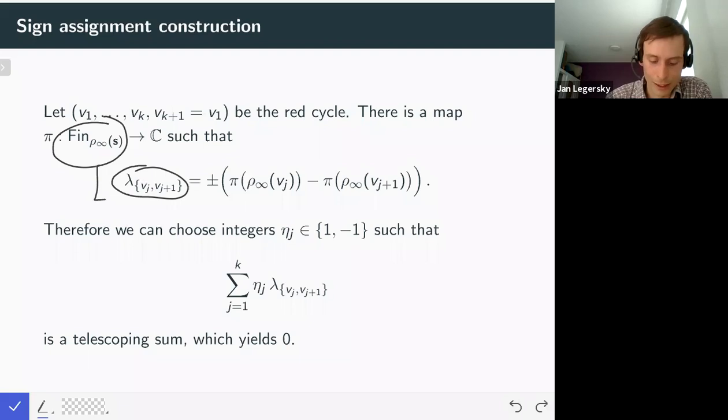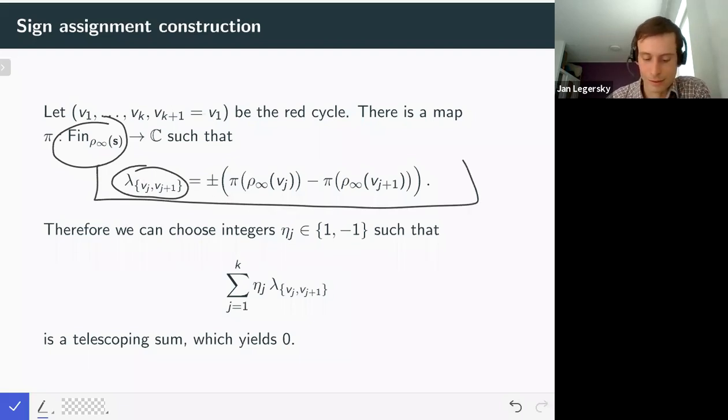So we get that it's either plus or minus.